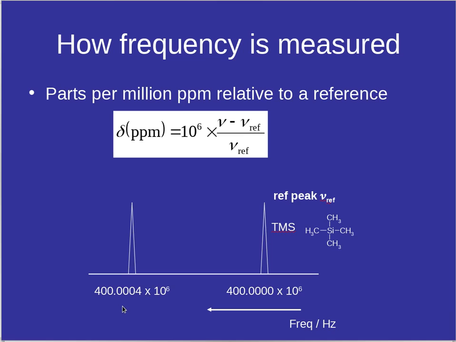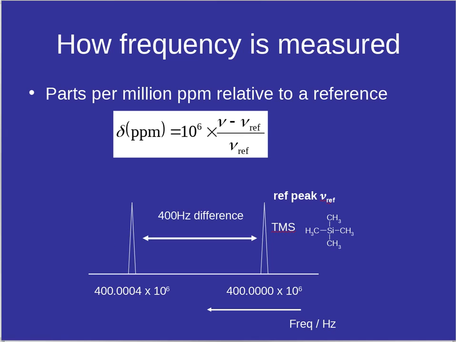So you'll see that the difference between these two is 0.0004 megahertz, and so that difference between 0.0004 and the 400 as a fraction tells us what we're going to call that peak.